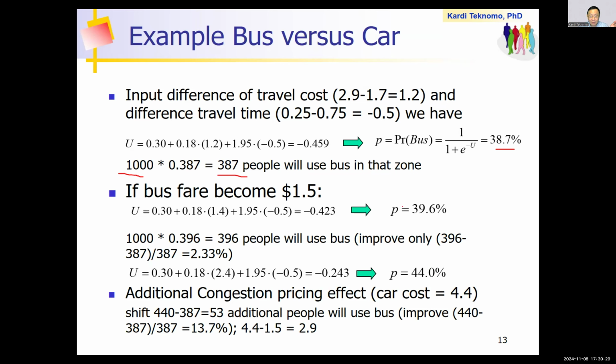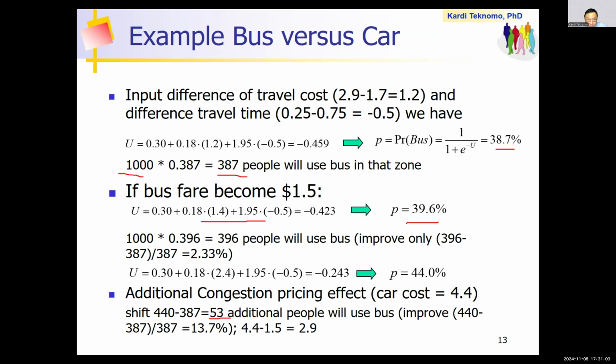Then again, you can simulate what will happen if something changes. For example, if the bus fare changes to 1.5, you change the input and you get the probability value. Same thing if you have another policy, for example, congestion pricing. Again, you change the input and you will get the number of additional people.